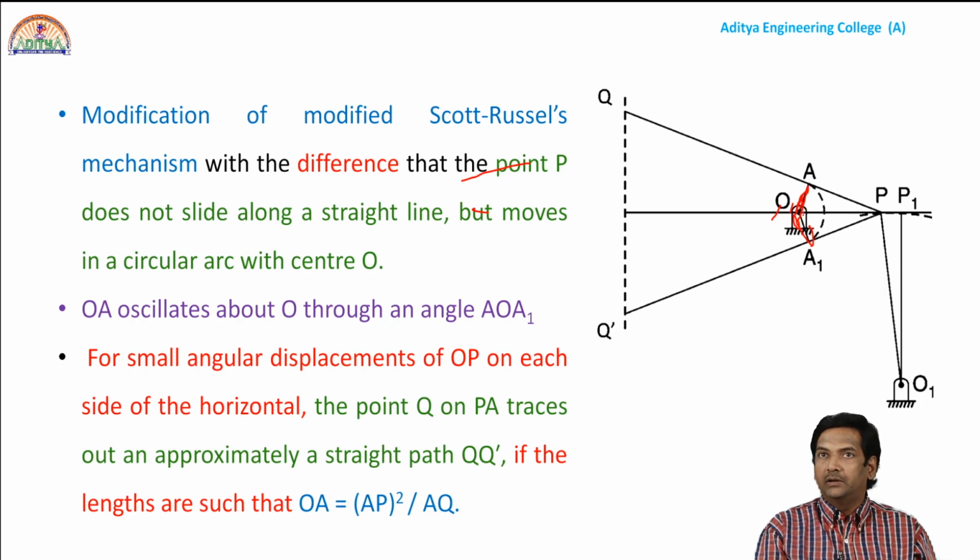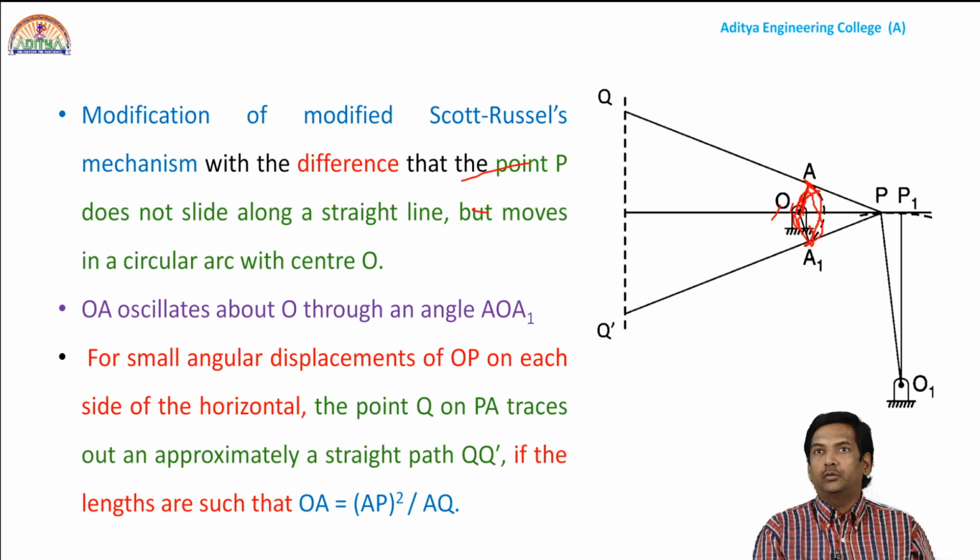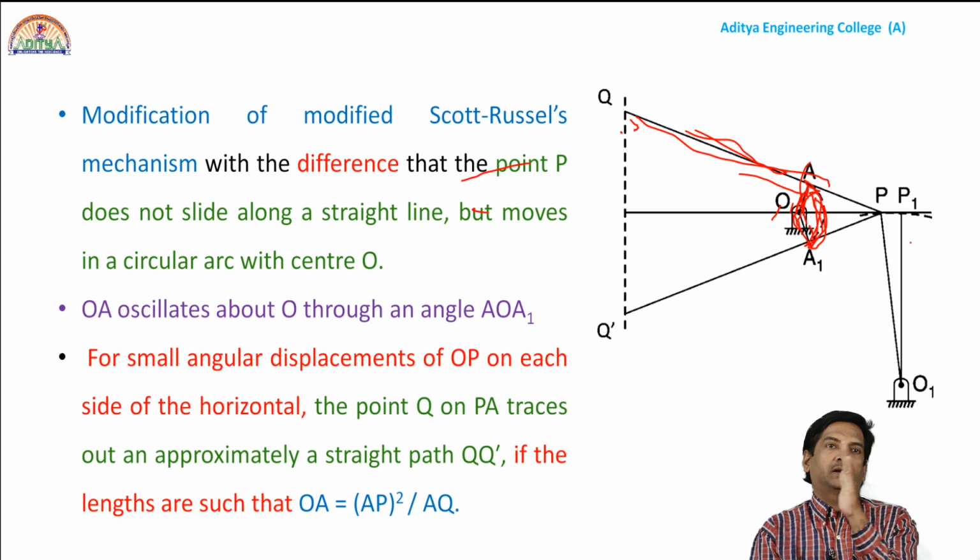OA is moving to OA1, that means a small angular displacement here, and this length AQ is a bigger one. Now, this point P, instead of slider, is an oscillator, right.